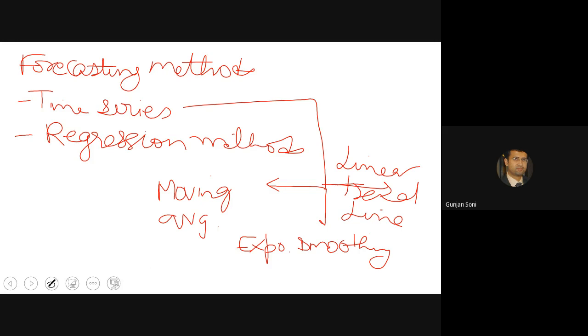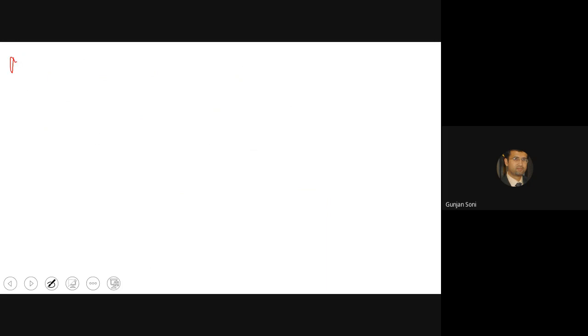So let's see what this first one is, which is moving average. Okay, now it is the simplest form of forecasting method.